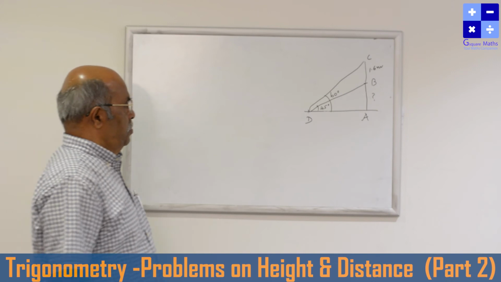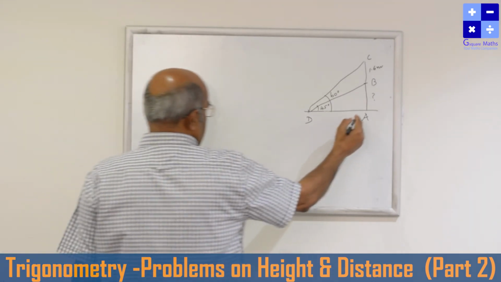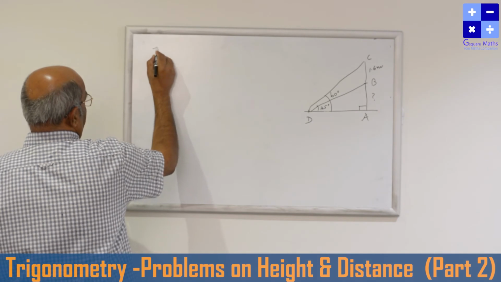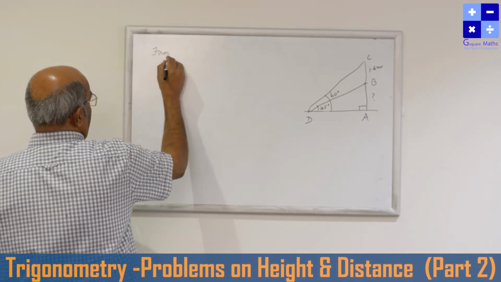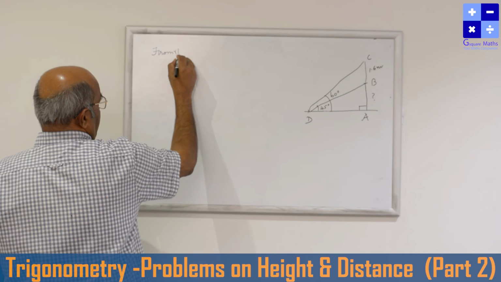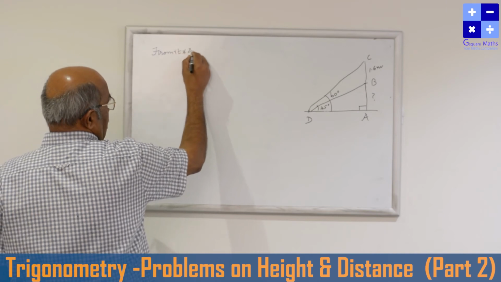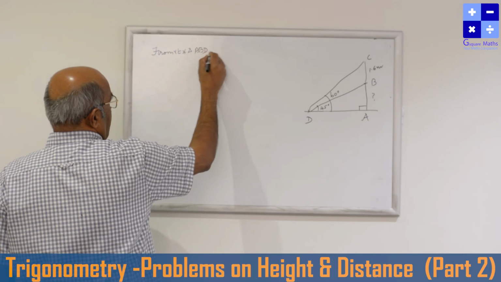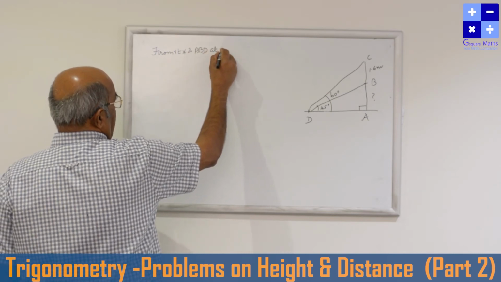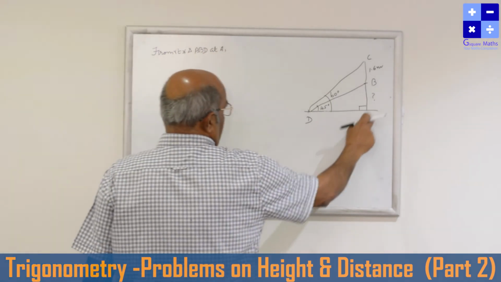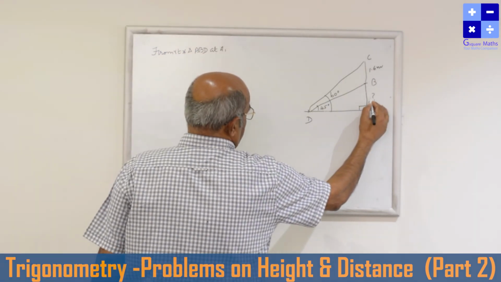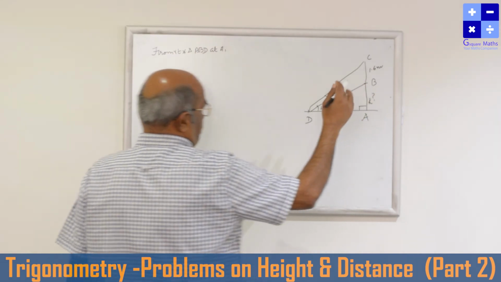Same problem. There are two right angle triangles. From right angle triangle ABD at A, tan 45. Let H be the height of the pedestal.